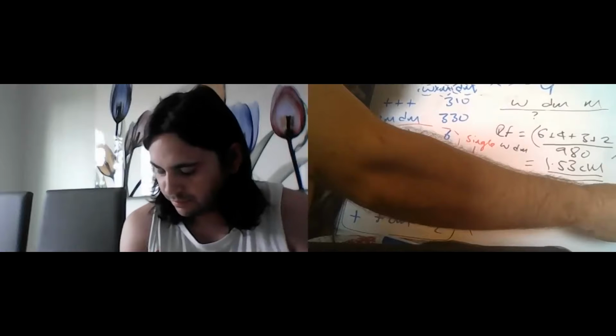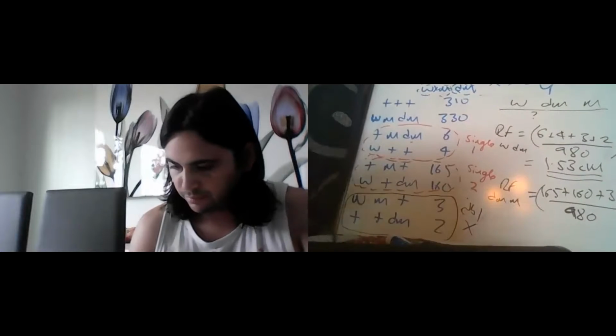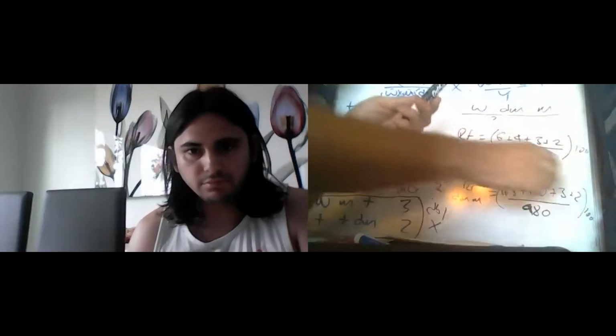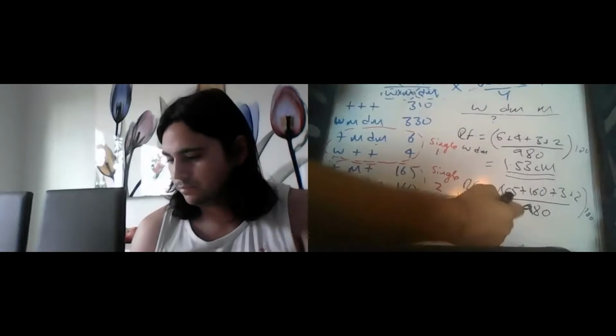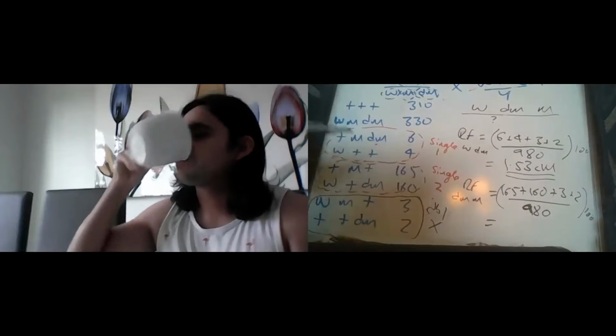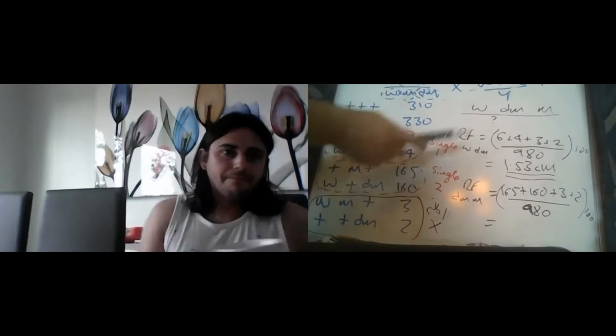And then times that all by 100. Just see there. Right, and that gives us the second crossover, between DM and M, Adam. And so we still need the double crossovers, the 3 and the 2 from here.